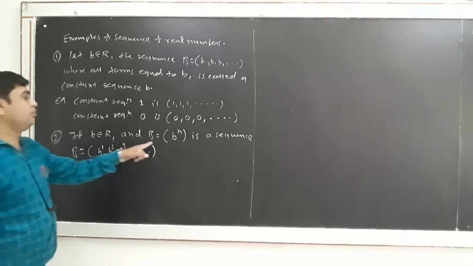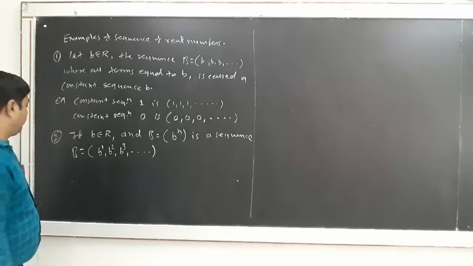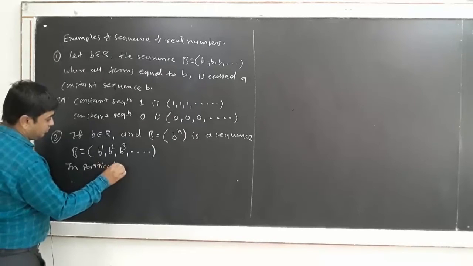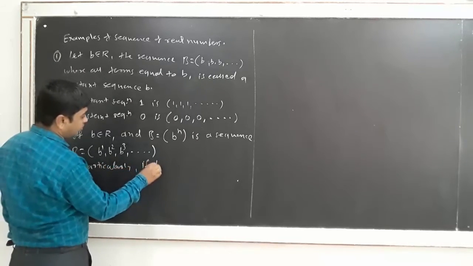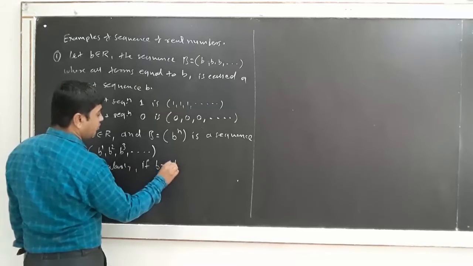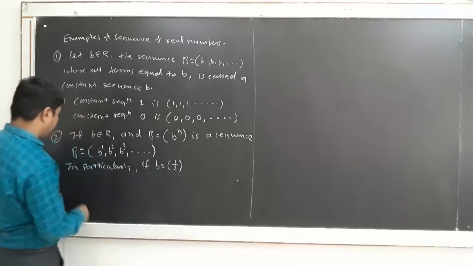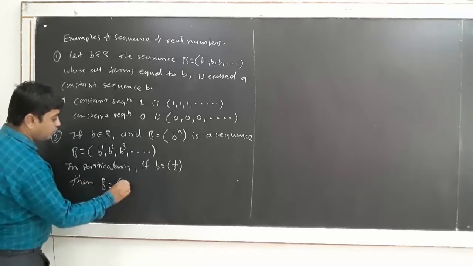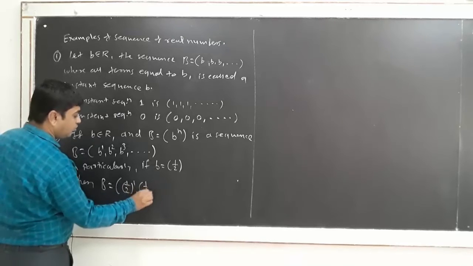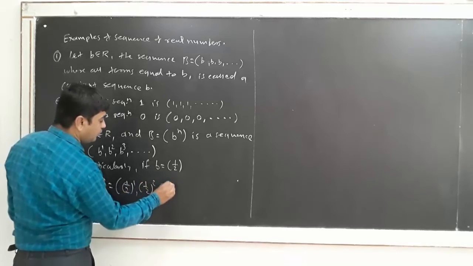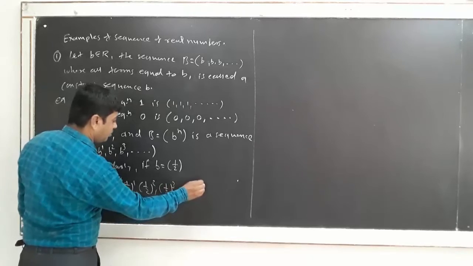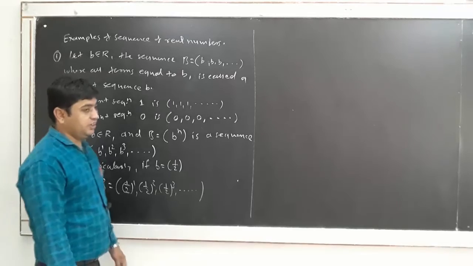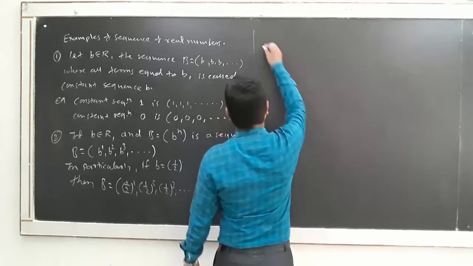In particular, if b is equal to 1 upon 2, then we get 1 upon 2 raised to 1, 1 upon 2 raised to 2, 1 upon 2 raised to 3 and so on. This is just a sequence we are getting. In the similar manner you can take any particular case.